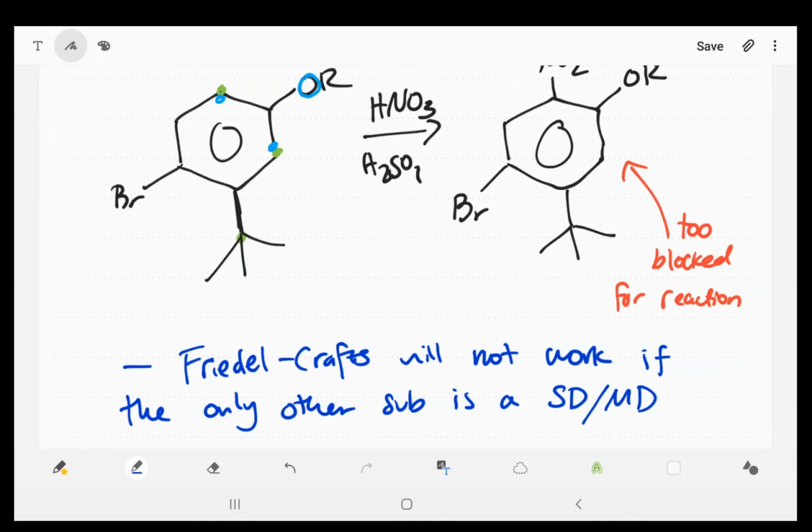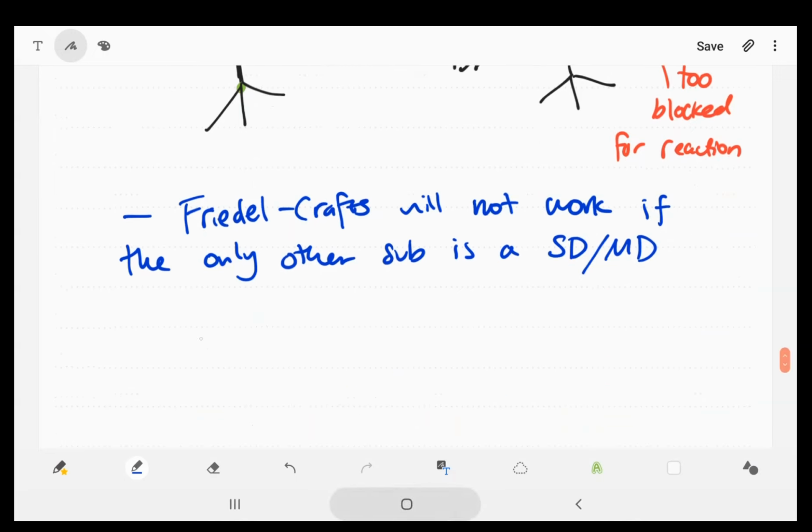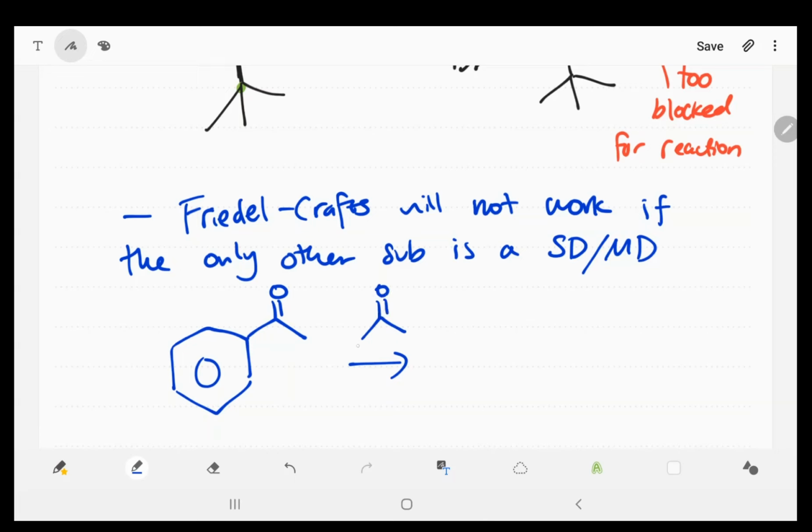So it's not going to work if you have, say, acetophenone. If you have acetophenone and try to put another acetyl group on, it's not going to work.